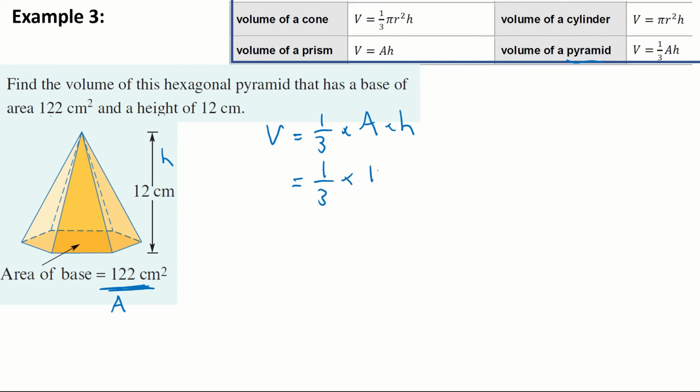Area of the base is 122, so we don't need to work any of that out. They won't ask you to find the area of a hexagon. And 12 is the height, so you can just sub it all straight in and we get 488. Again, it's centimetres. Make sure you're writing cubed.